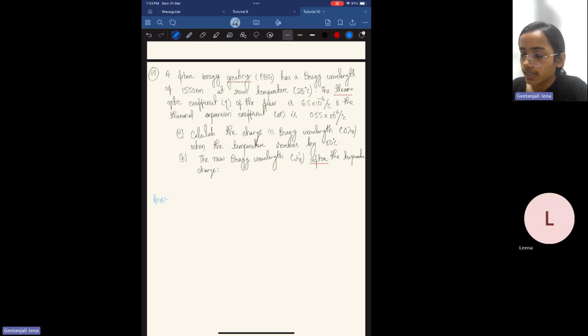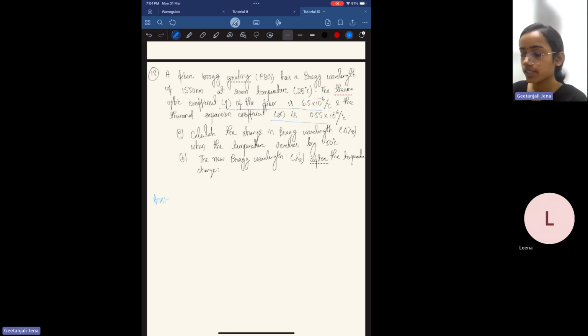Question number 13 says a fiber Bragg grating has a Bragg wavelength of 1550 nanometer at room temperature 25 degrees Celsius. And the thermo-optic coefficient eta of the fiber is given, it is 6.5 into 10 to the minus 6 per degree Celsius, and the thermal expansion coefficient alpha is also given, which is 0.55 into 10 to the minus 6.